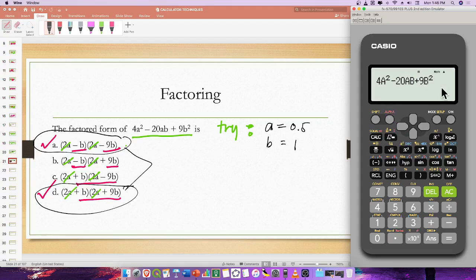Take note, this is the long method using this approach. You can easily factor this out.